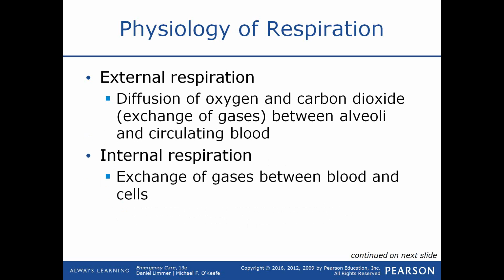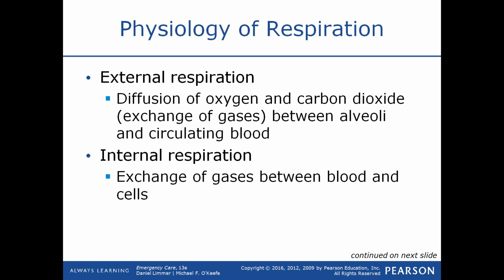So external respiration refers to the diffusion of oxygen and carbon dioxide between the alveoli and the circulating blood, where internal respiration refers to the exchange of gases between the blood and the cells. Now, anything that obstructs the airway is going to affect external respiration.